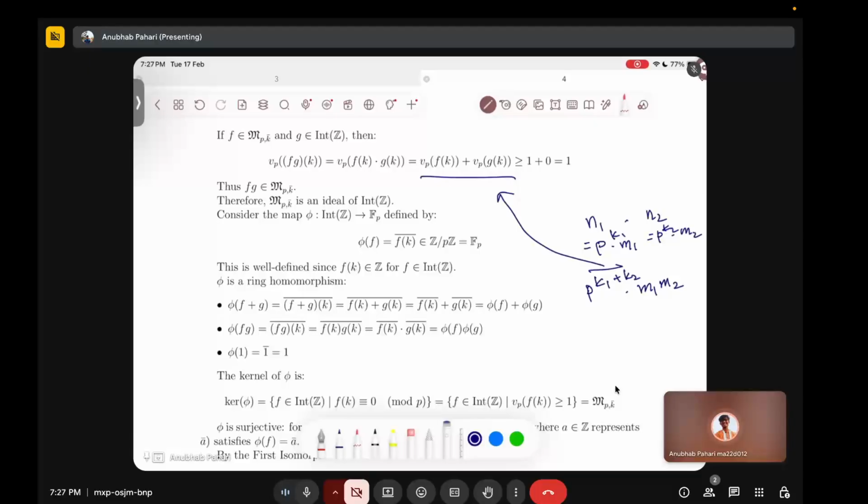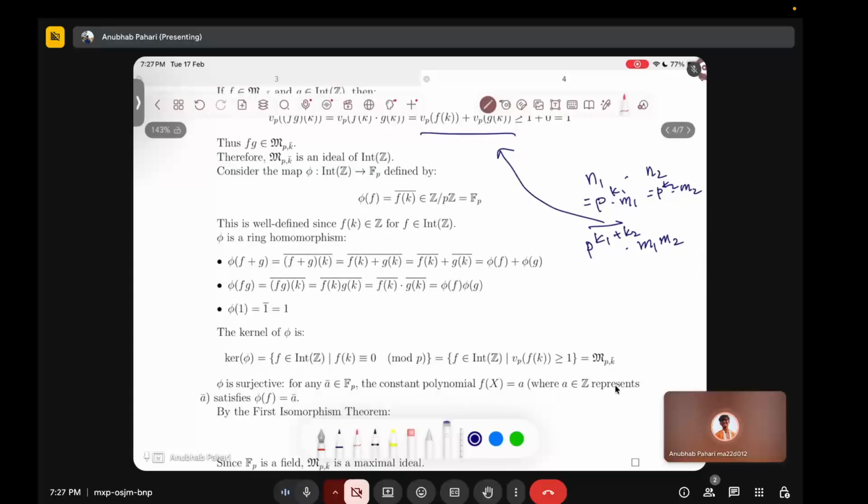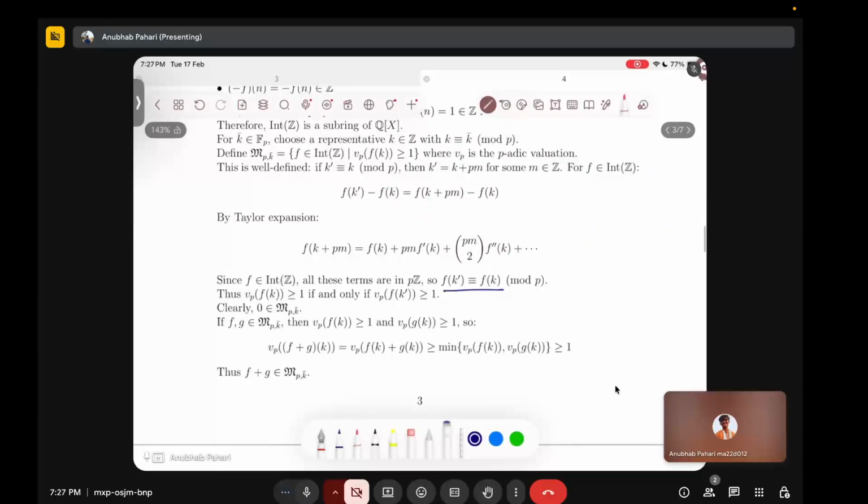And consider the map. Now if we consider the map phi from Int(Z) to F_p, which maps f to f(k) bar, which belongs to Z mod pZ, which is F_p. This is well defined, as we have done.